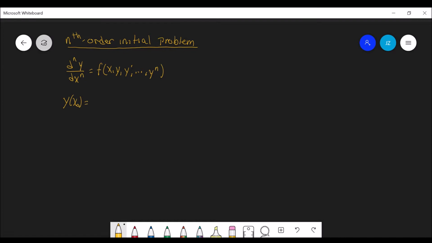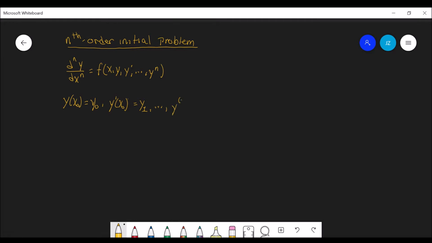y of x naught is equal to y naught, y prime of x naught is equal to y1, and so on and so forth.